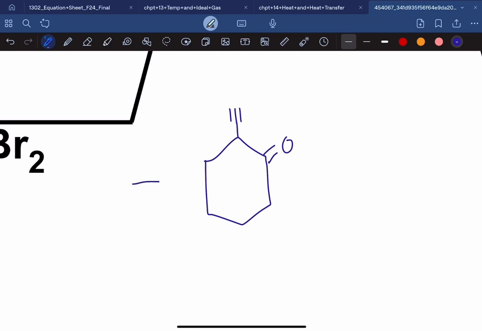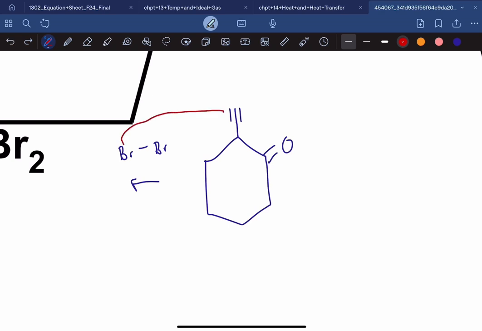And then you know that when you react this with Br2, right? It makes that triangular structure. Excuse me. So this does this thingy. And then this will go. Wait, why am I messing it up? Yeah, okay, stop. Let me just restart.